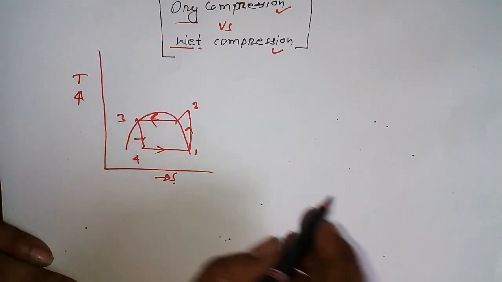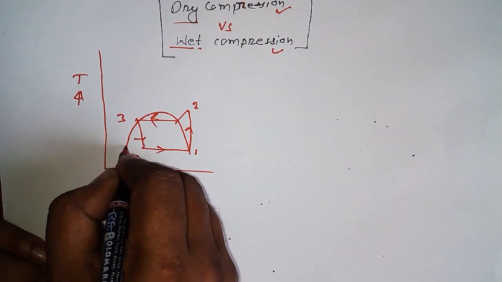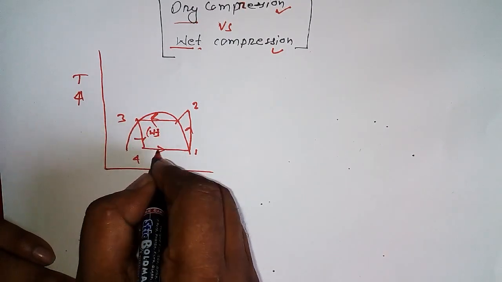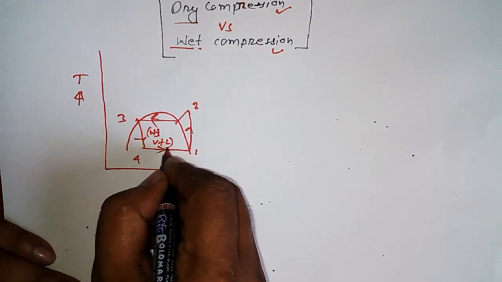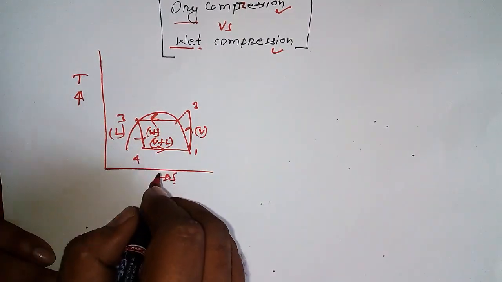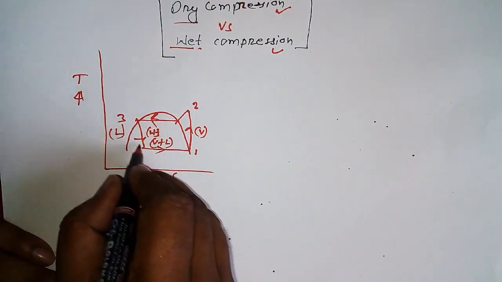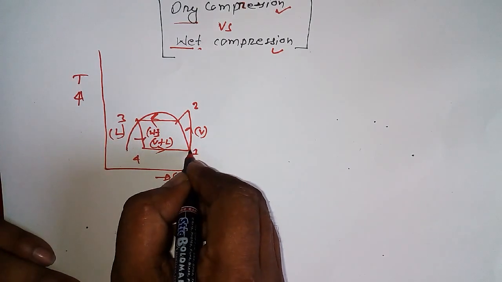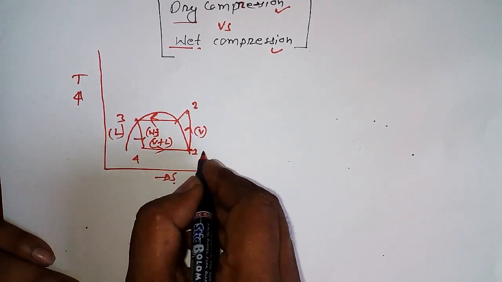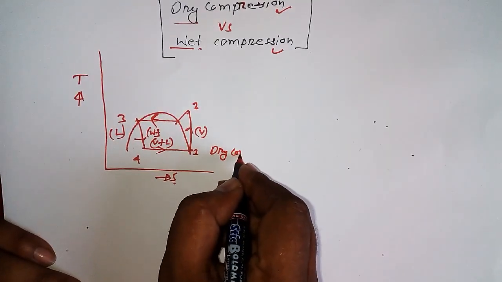Okay, now inside this we have wet compression, because here we get vapor plus liquid, this side we get only liquid, and this side we get only vapor. If compression starts from this point, it is known as dry compression.